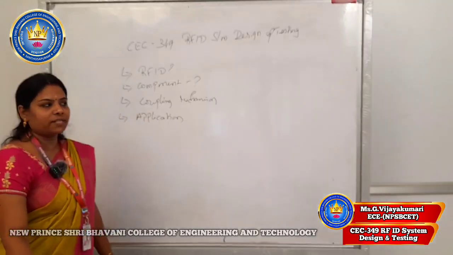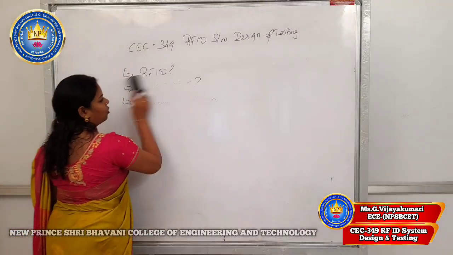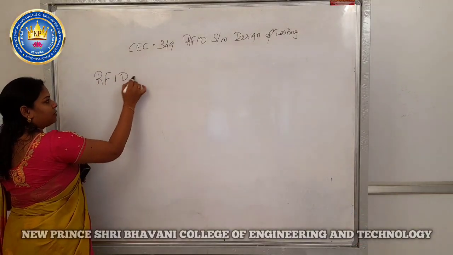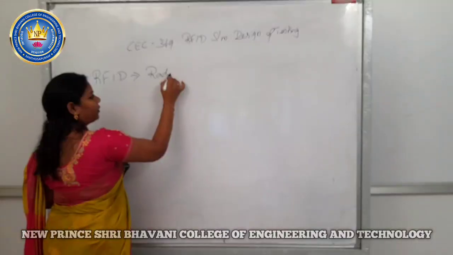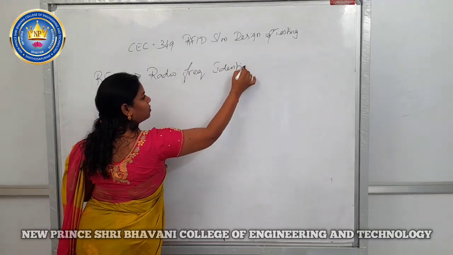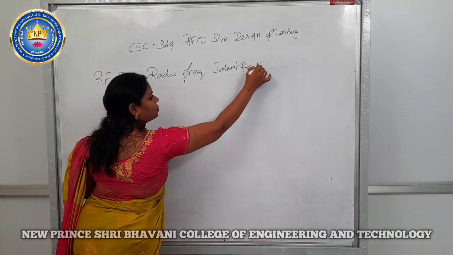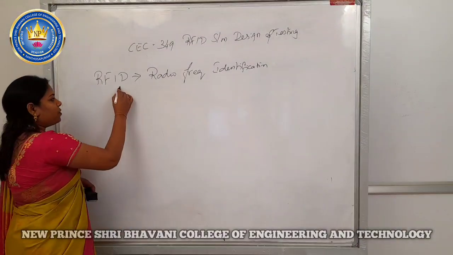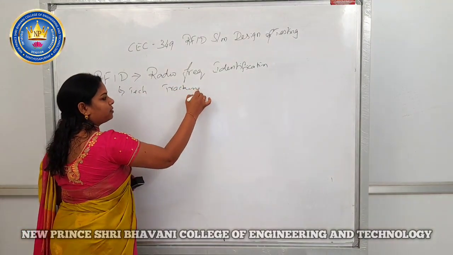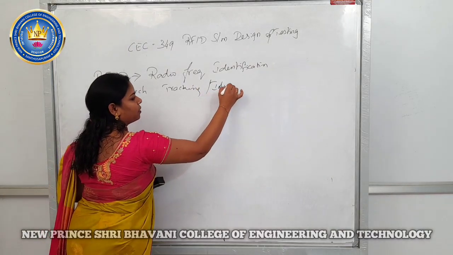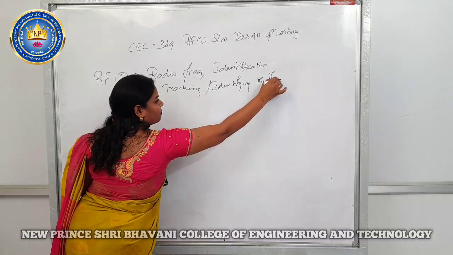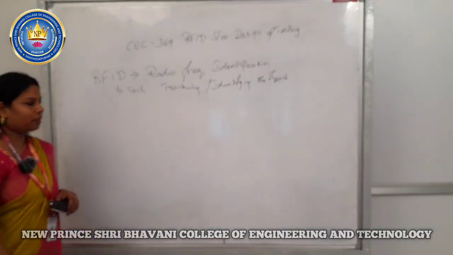So let me see the first topic, what is meant by RFID. RFID is nothing but what we call radio frequency identification. This is one of the technologies that will be used for tracking or identifying an object.